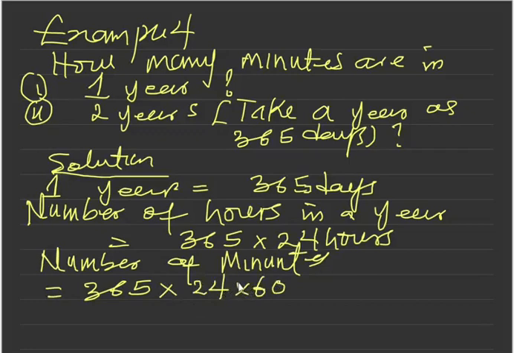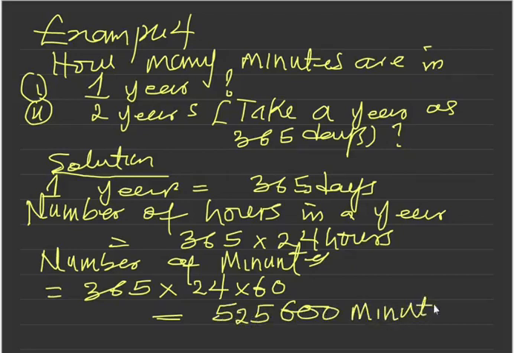So by the time we press the calculator to multiply 365 times 24, you also use your calculator to cross-check. 365 multiplied by 24 times 60 will give you 525,600 minutes. So we are able to see 525,600 minutes in 1 year.